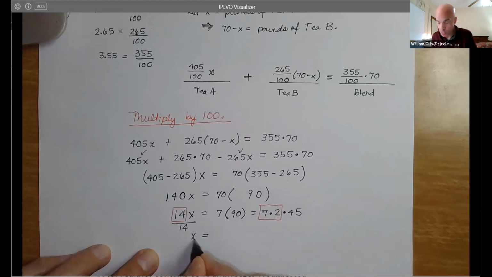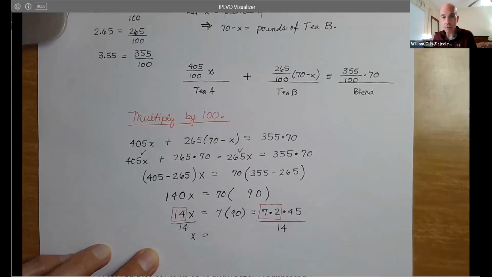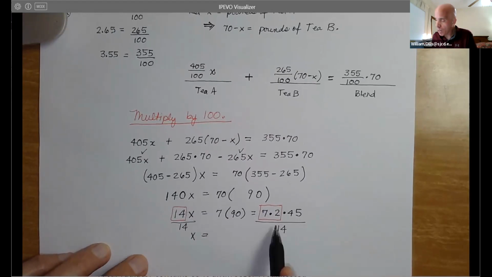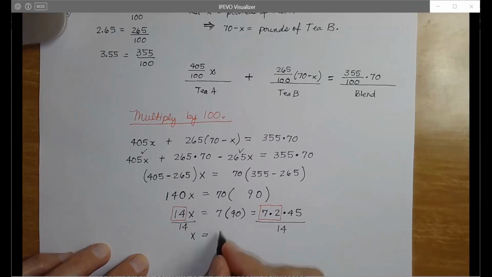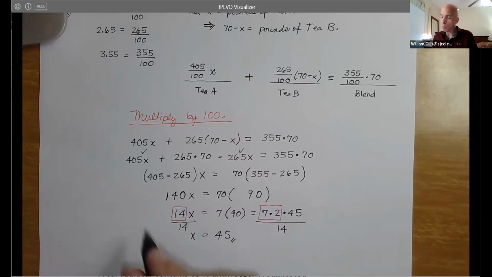And that gave us x, right? What do I get when I do this? What's 7 times 2? 14. What's 14 over 14? 1. And 45. Oh, there we go. It was so easy, it was difficult. You see what we did?